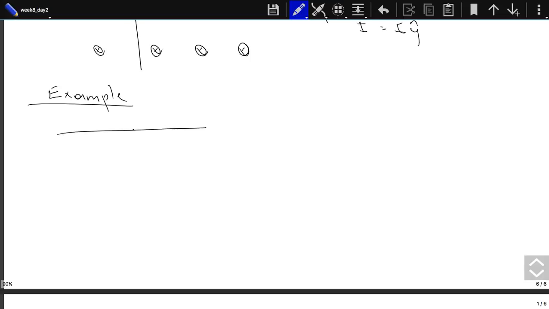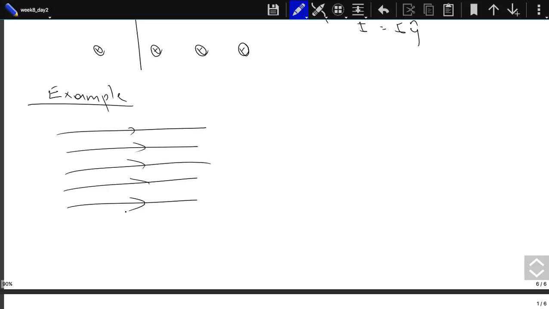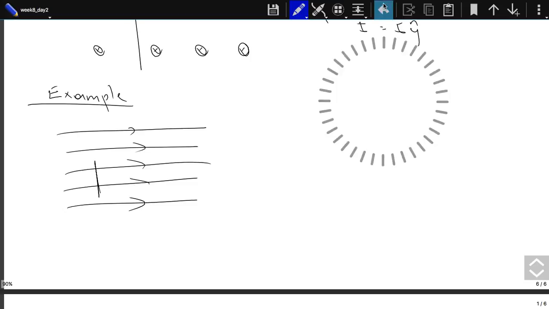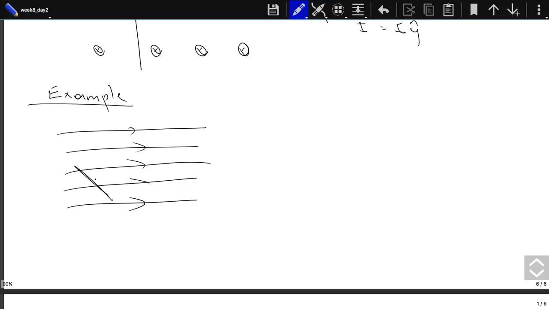We have a region of space which has a uniform magnetic field, and in this region we put a rectangular loop, something like this. The magnetic field is pointing in this direction. This is my shape, and this is the loop.